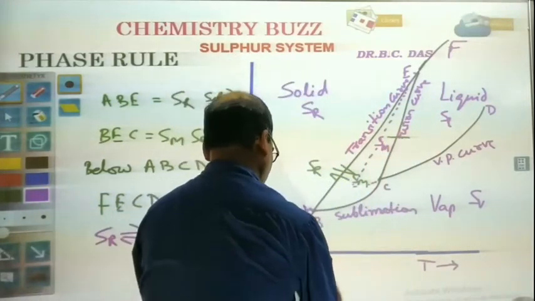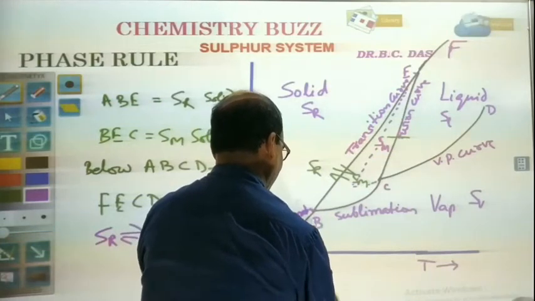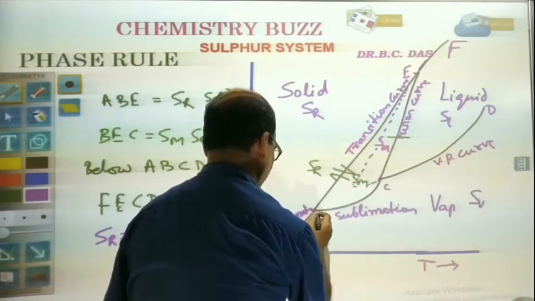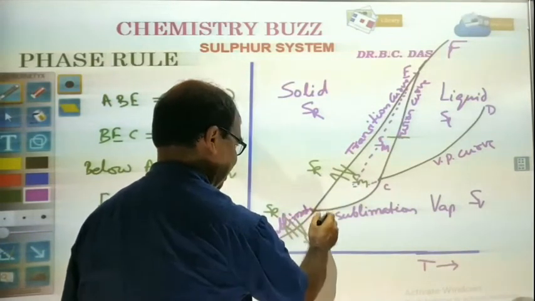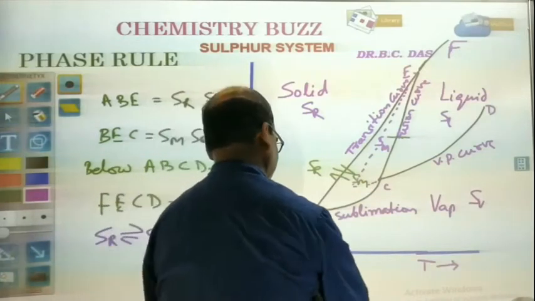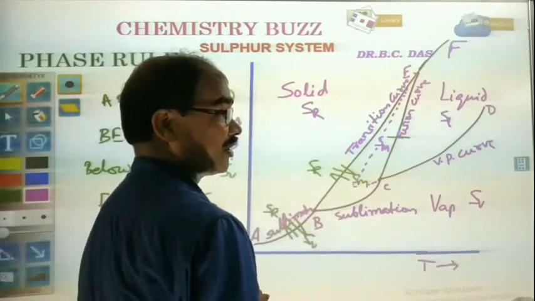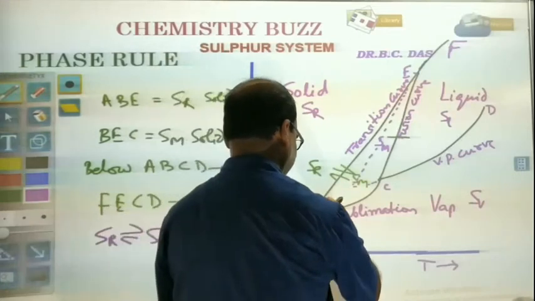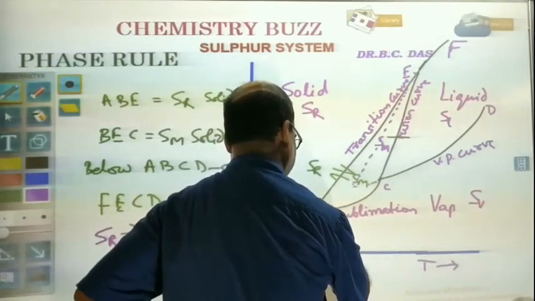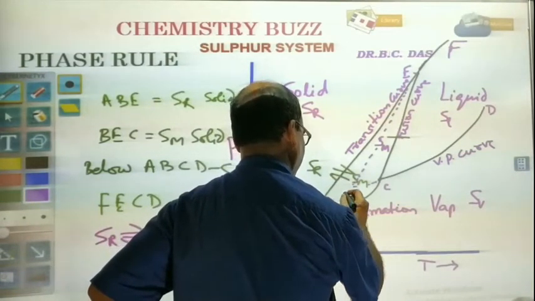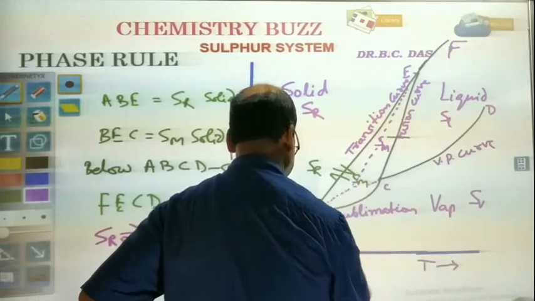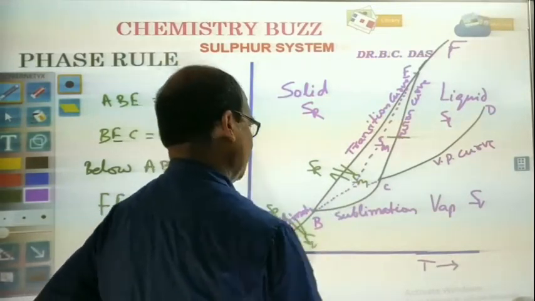Again, on this sublimation curve, we are supplying heat and increasing pressure. So at point B, the triple point, that is SR, SM, is reached, but the heating is so fast that instead of getting this point, we will continue the equilibrium SR and SV up to this.